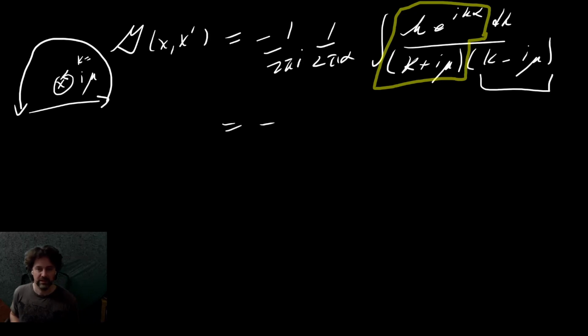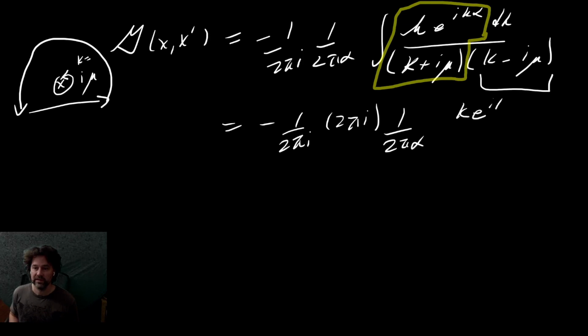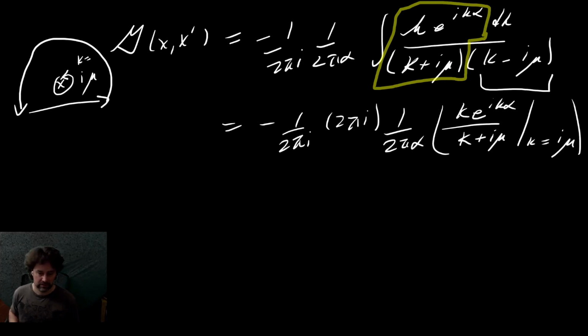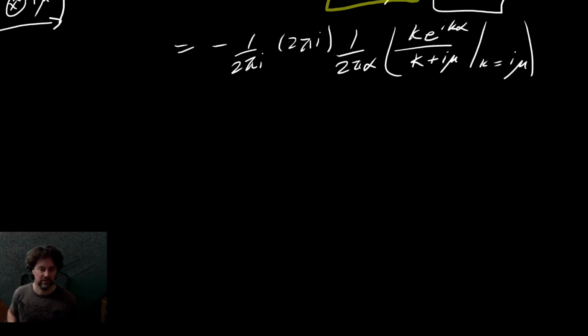So we get minus 1 over 2 pi i times 2 pi i times 1 over 2 pi alpha times k e to the i k alpha over k plus i mu evaluated at k equals i mu. There is our integral. That's our g.